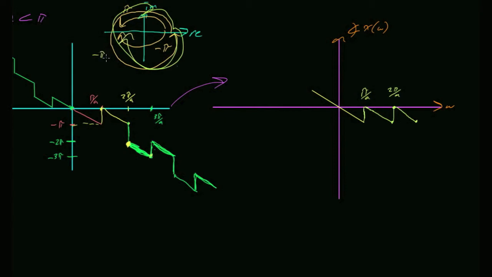So your phase plot is going to wind up looking like that. It's the same thing. It tells you exactly the same information, right? Both are equally correct. They're telling you exactly the same thing.